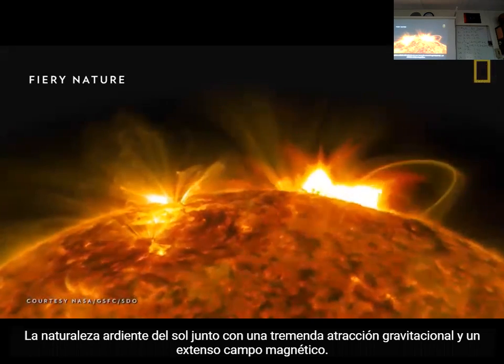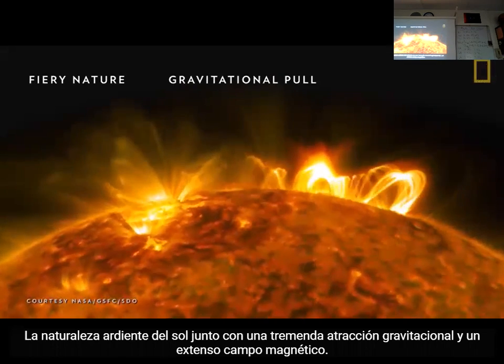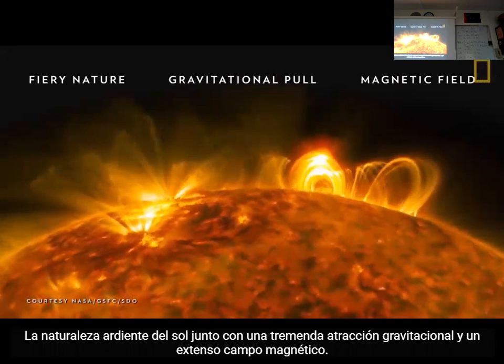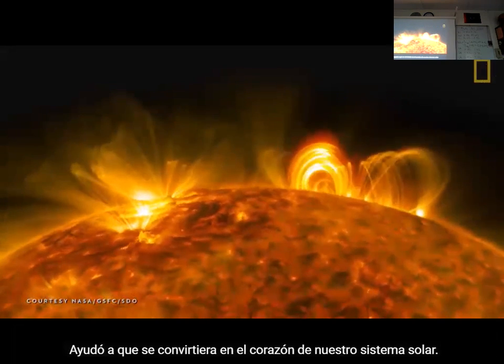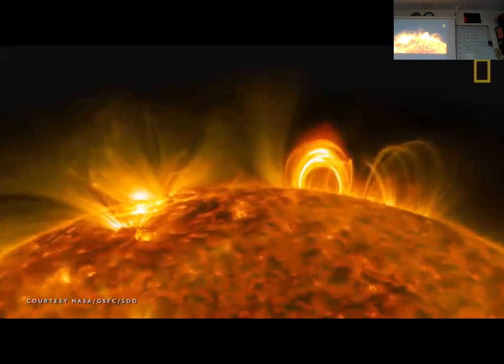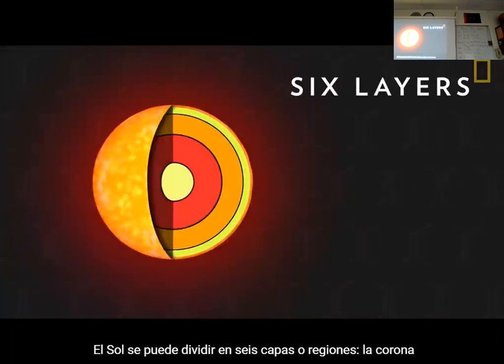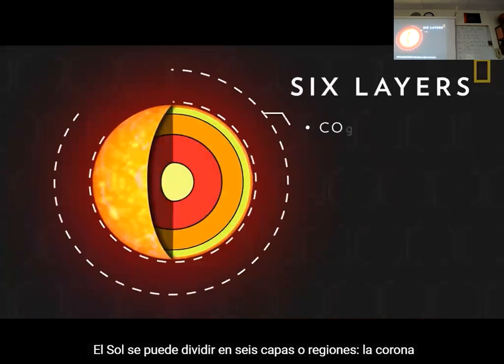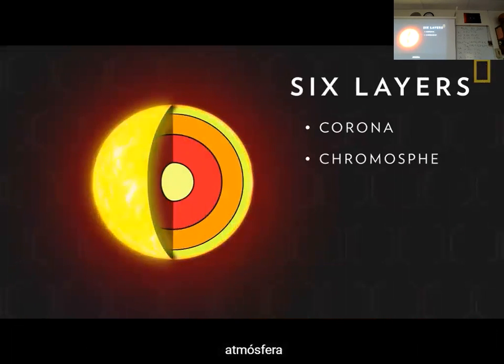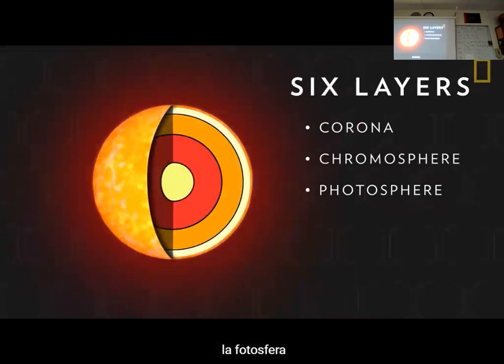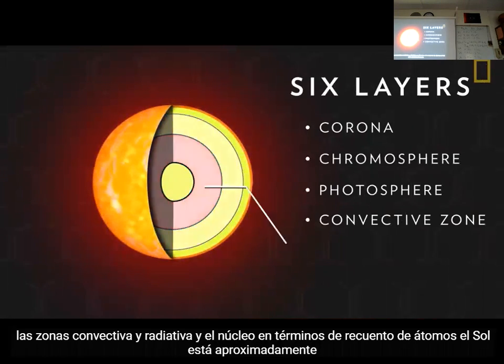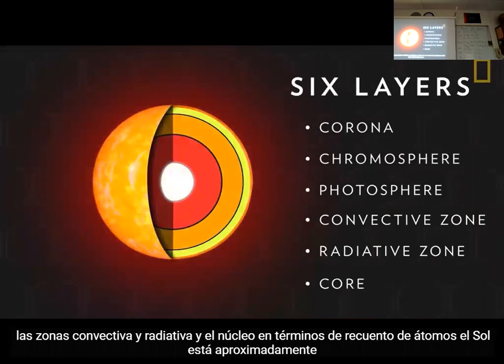The sun's fiery nature, along with a tremendous gravitational pull and an extensive magnetic field, helped it to become the heart of our solar system. The sun can be divided into 6 layers or regions: the corona, the chromosphere, the photosphere, the convective and radiative zones, and the core.